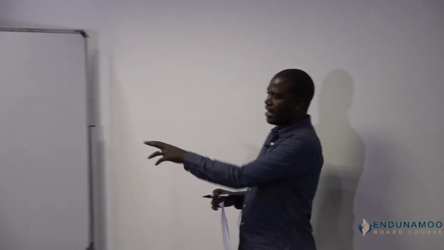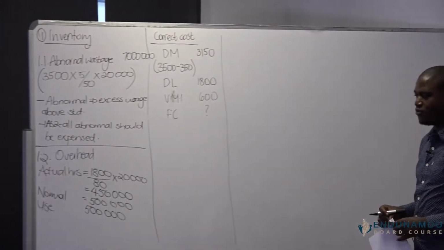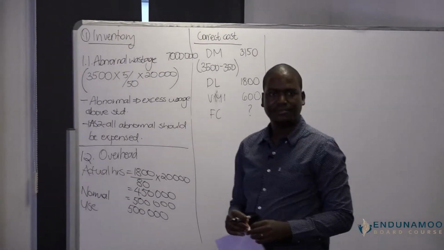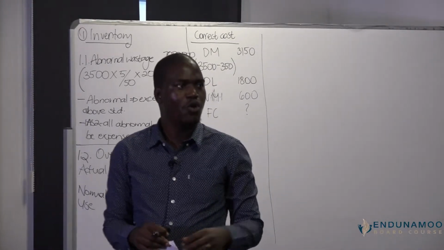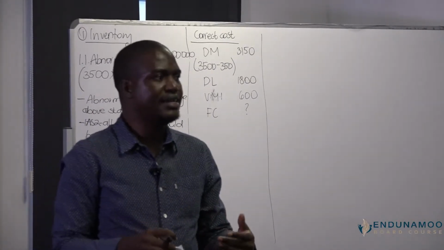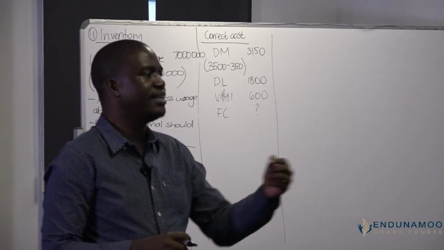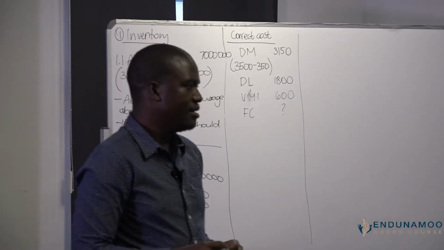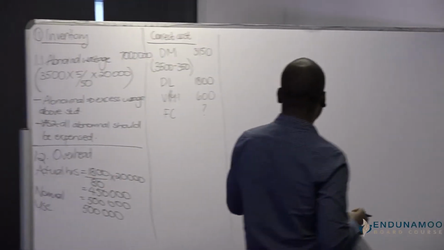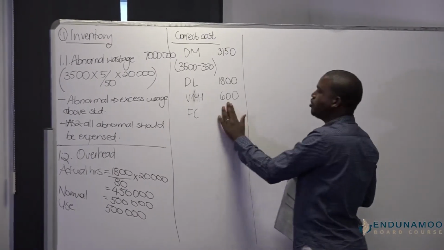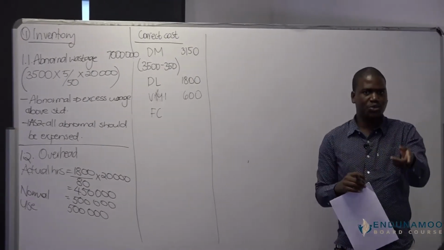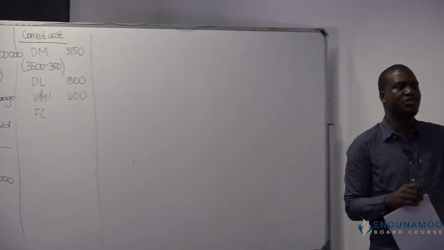We should have used 500. So what is the impact of using 500? Tell me the correct cost for fixed cost, and what else we need to consider.